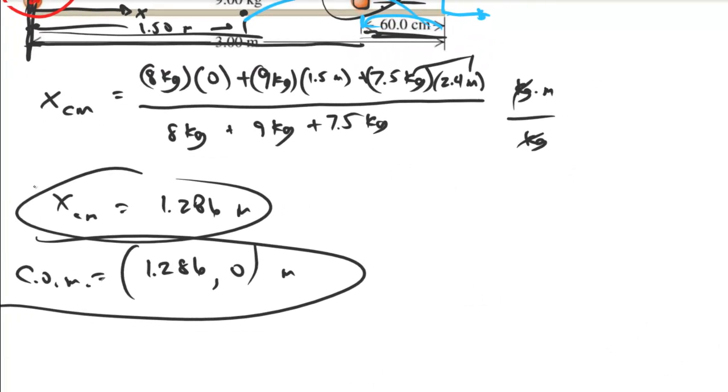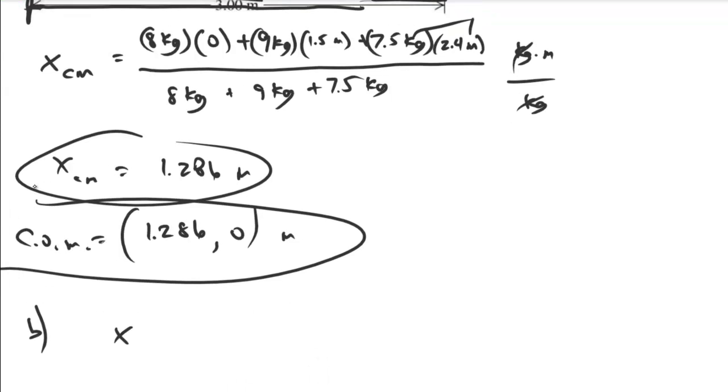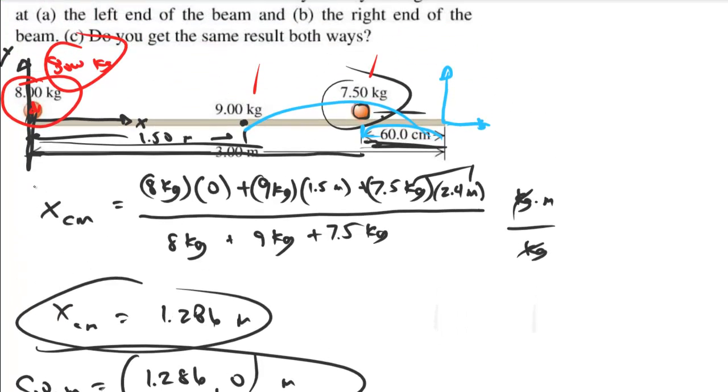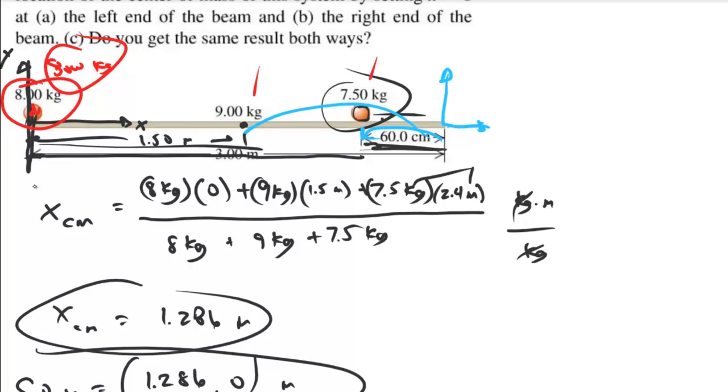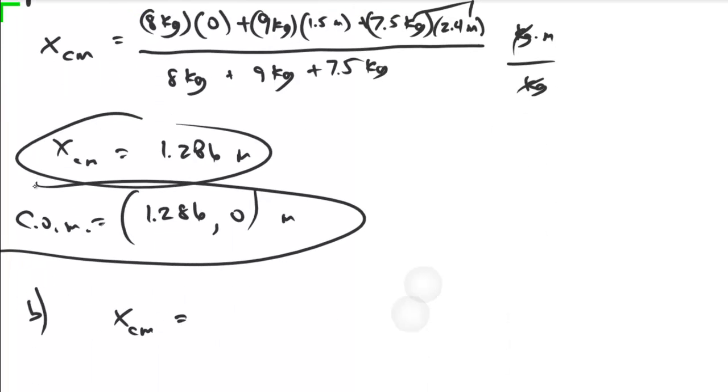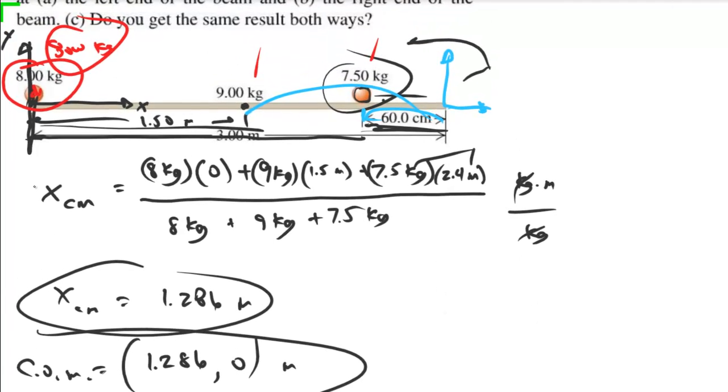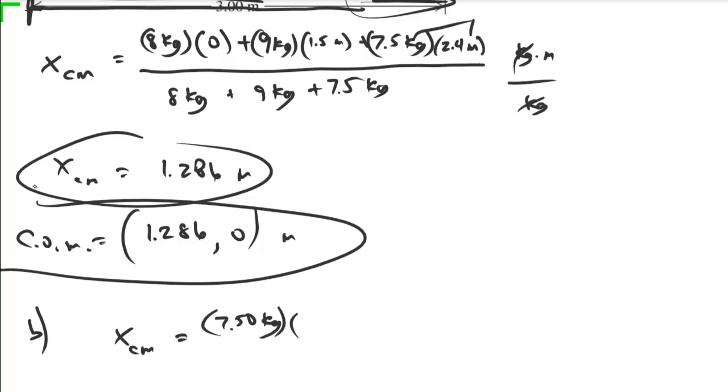For part B, we have our x center of mass, I'll just go ahead and start from the right and work left. So 7.5 kilograms times its location based on this new coordinate system. This is negative 0.6, negative 60 centimeters.